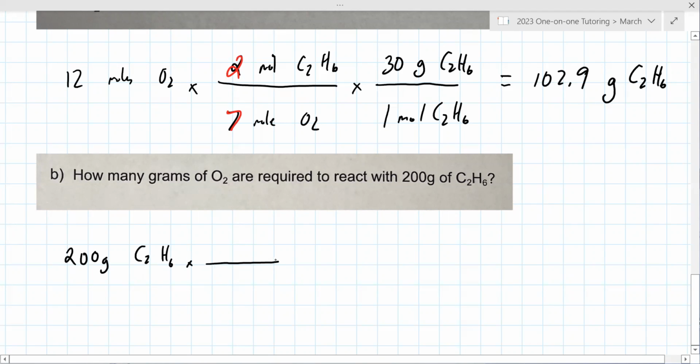Whenever you're given grams, you immediately go to moles. Depends on the problem, but moles are the only way you can convert in these equations. So we need the molar mass of C2H6, which we have from the previous problem, 1 mole of C2H6.